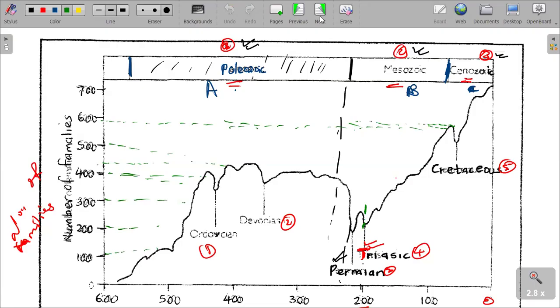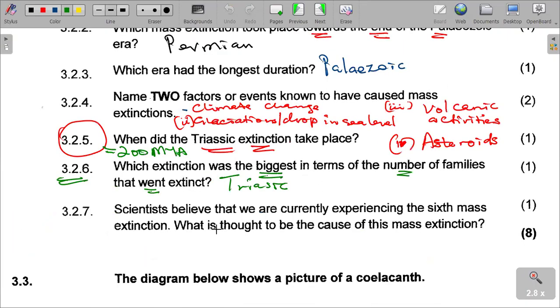And then the next question says, scientists believe that we are currently experiencing the sixth mass extinction. What is thought to be the cause of this mass extinction? The sixth mass extinction is caused by exploitation of the environment by humans, which is human impact.